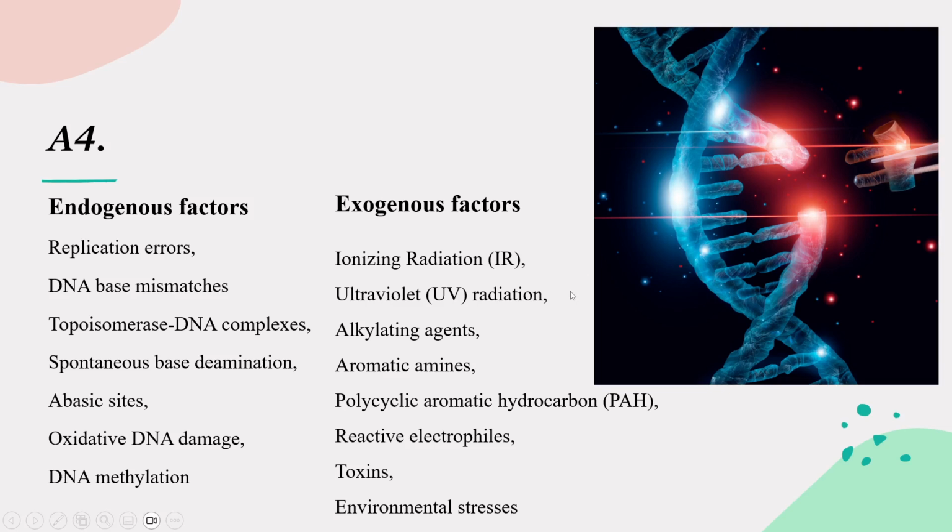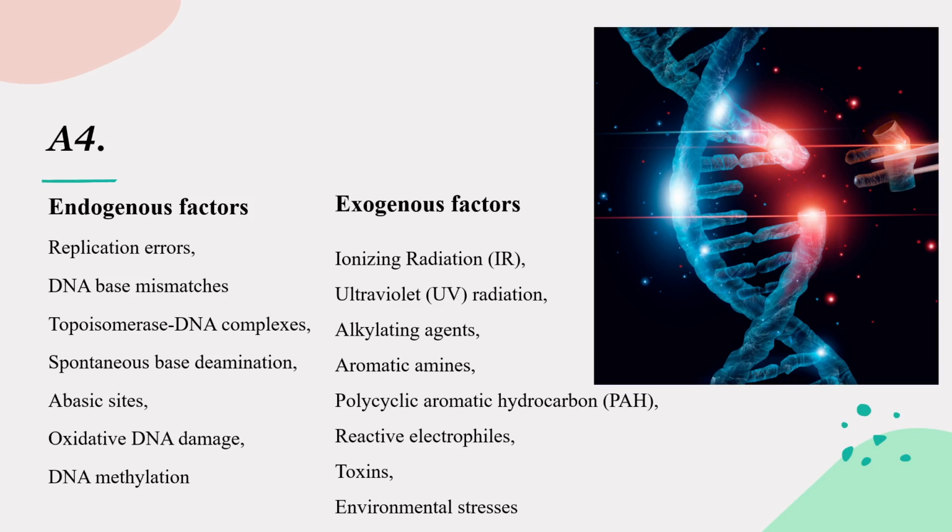So I was talking about these endogenous and exogenous DNA damaging factors. Endogenous DNA damaging factors might be replication errors and DNA base mismatches. Replication errors generally happen during the replication of DNA in the S phase of cell division, right? The S phase is responsible for DNA replication. At that point, if a certain error mechanism leads to DNA damage, that will be called replication errors.